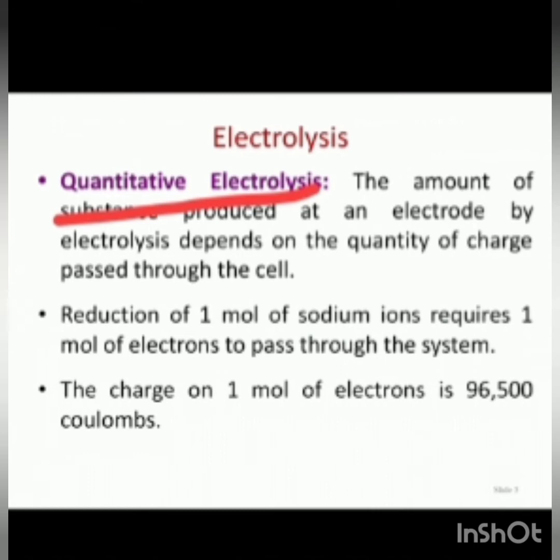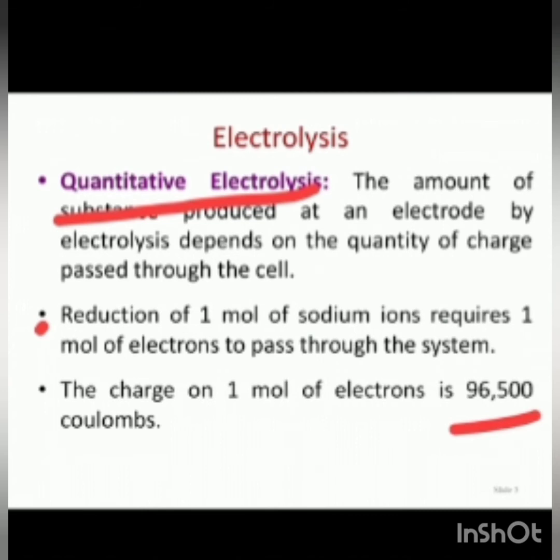So, reduction of 1 mole of sodium ions requires 1 mole of electrons to pass through the system. The charge on 1 mole of electrons is 96,500 coulombs. 96,500 coulombs is 1 unit of F, where 1 F means 1 Faraday.